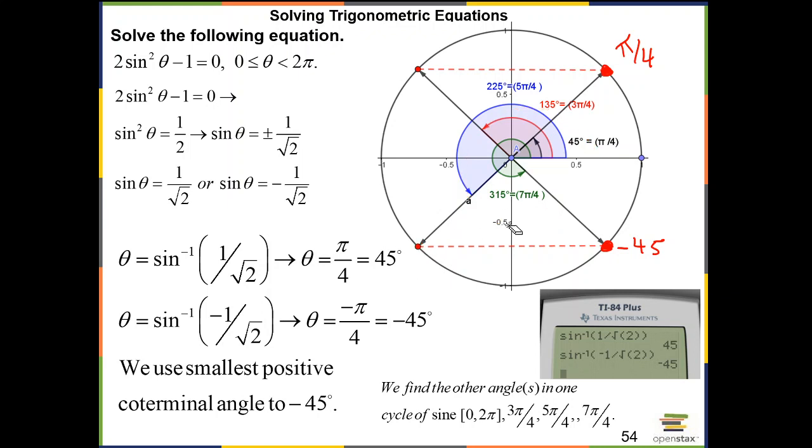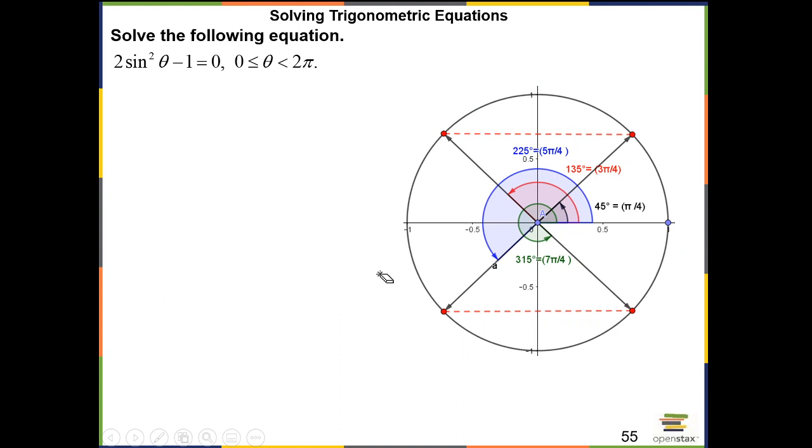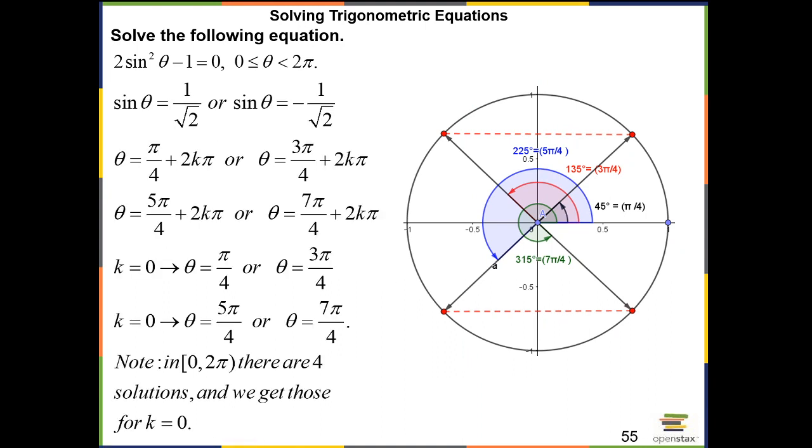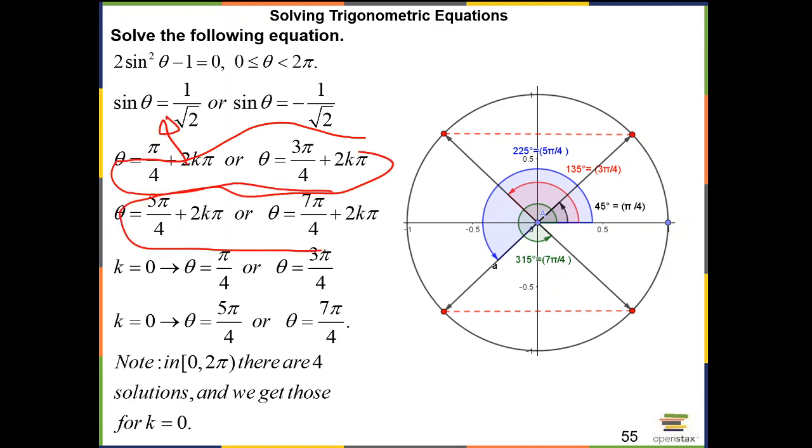All right. So we have 4 equations that can give us solutions, right? And those are this one right here, this one right here, this one, and this one. Remember, we got these from that equation, and we get these from the other one, because this equation turned into 2 equations that we had to solve.